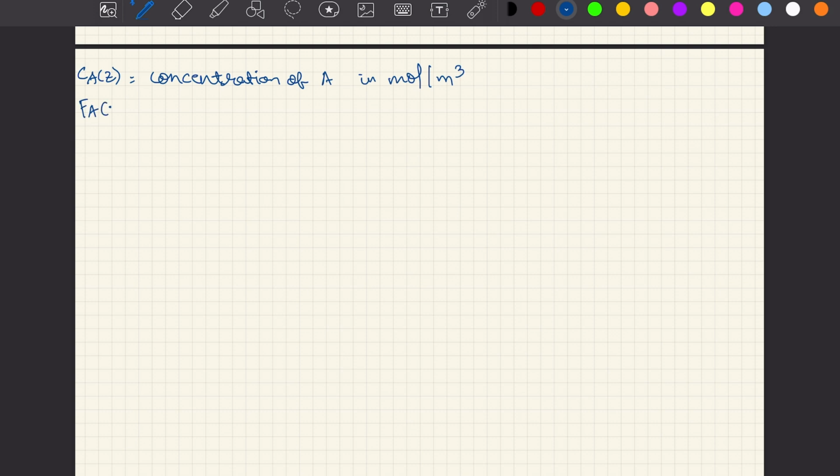And FAZ can be substituted as CAZ into U into AC, where U is the linear velocity in meter per second and AC is again the cross-sectional area.